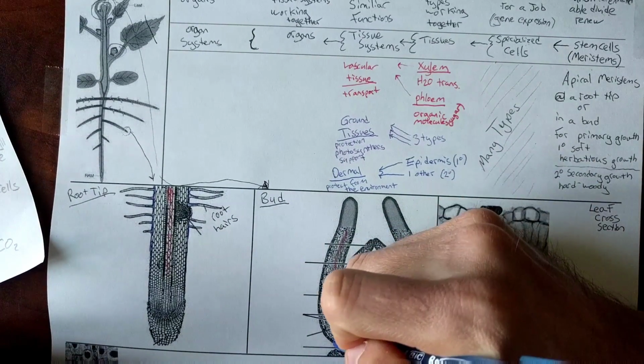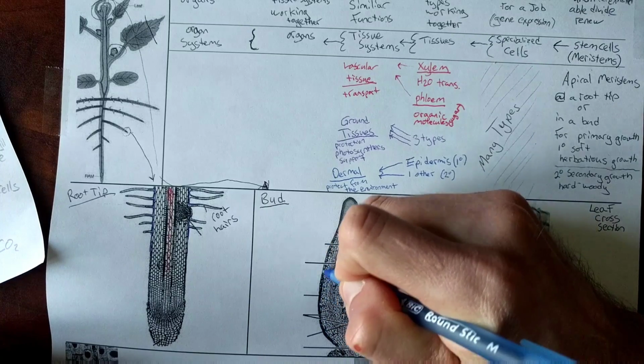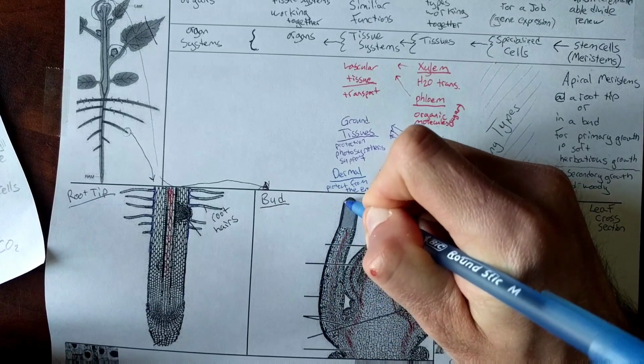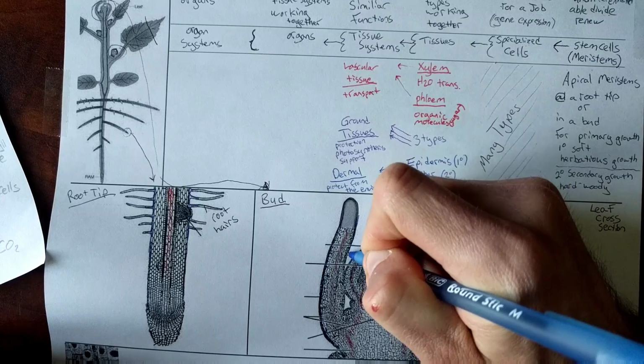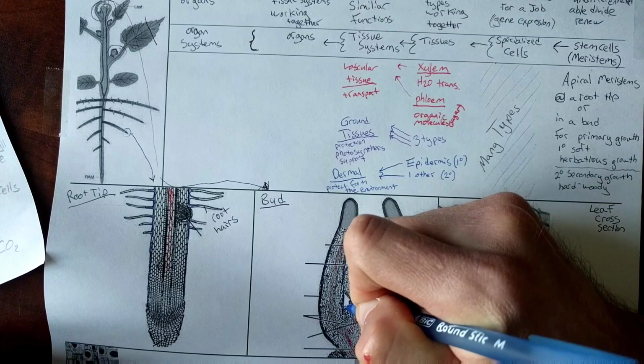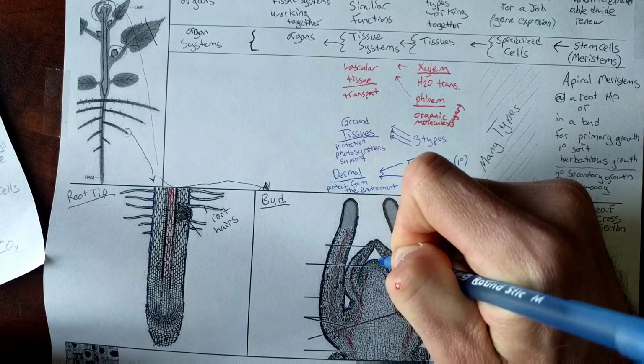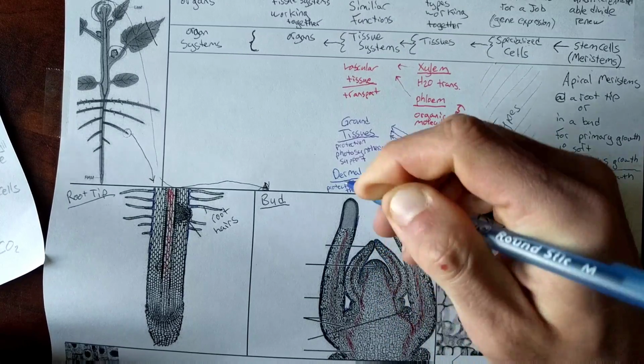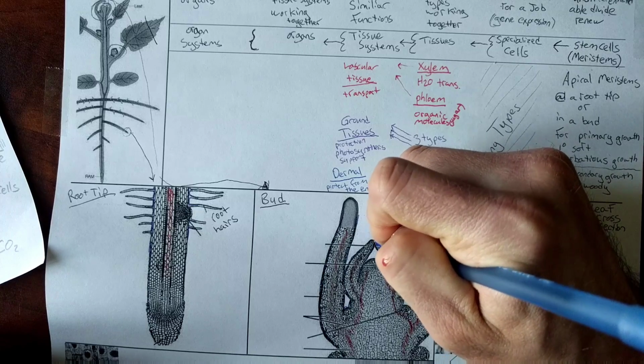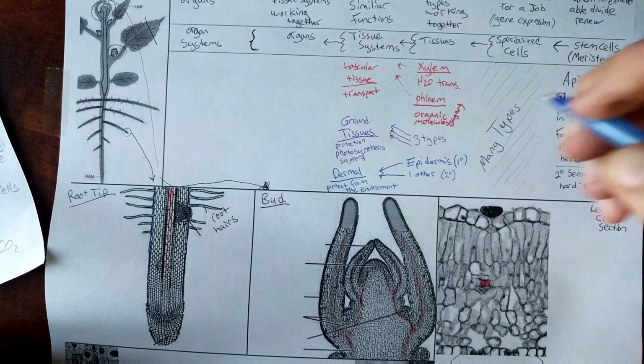Dermal tissue on our bud, again, it's that exterior layer. It's one cell layer thick. So I am just tracing the outside edge of cells in this longitudinal section of a bud.